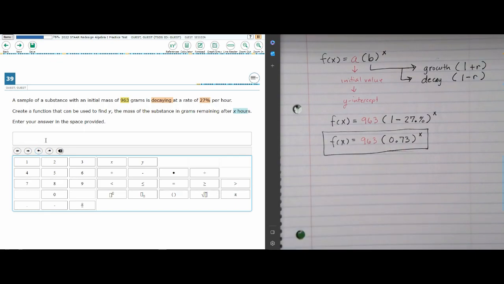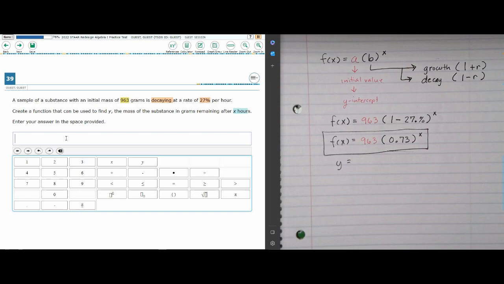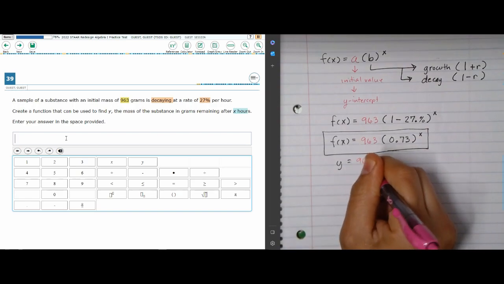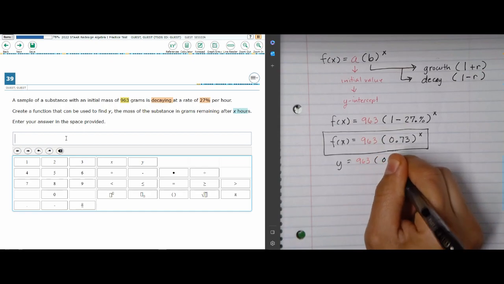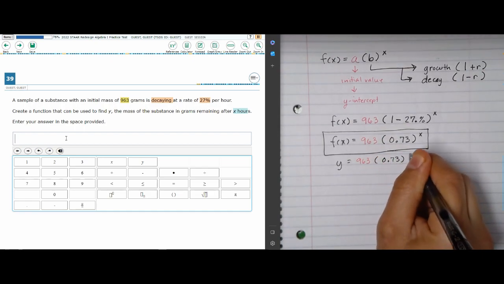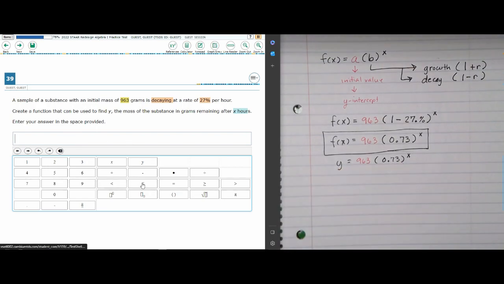So it says put it below. So I'm going to go down here. Now remember, in place of f of x, we can always use y. So you can write this out actually as y is equal to 963 times 0.73 to the power of x. So I'm going to put this in because they have a y here. I don't see an f of x.